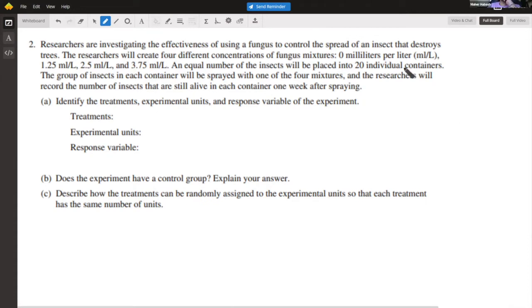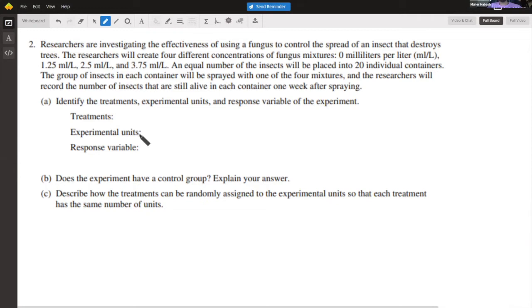Because it says effective of using fungus to control different insects, of using a fungus. So would the fungus be the experimental units? The fungus, because we are changing the concentrations of the fungus mixtures, those are the treatments, or basically the levels of the independent variable. So that would be treatments.